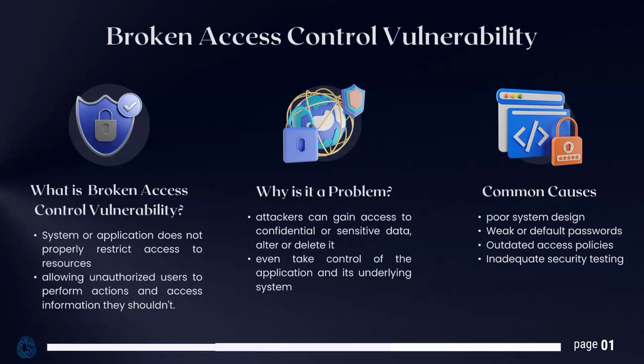Obviously, updated things are always prioritized in terms of tech security. And then inadequate security testing. Sometimes companies don't prioritize using security researchers or penetration testers to test their systems, and as a consequence they have to face data breaches or system takeovers, or sometimes it results in the shutting down of their own organization.